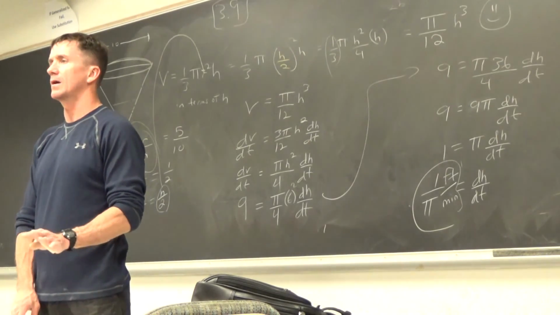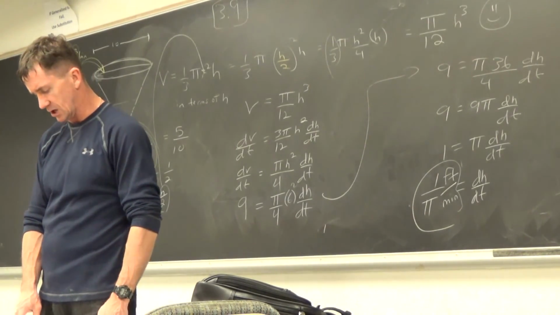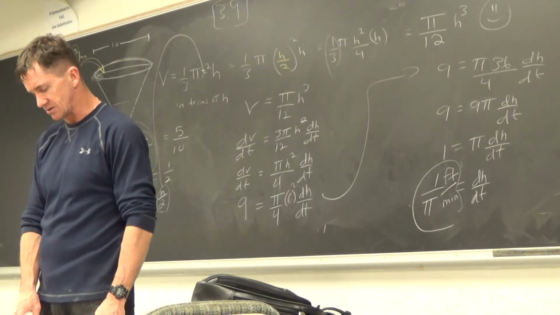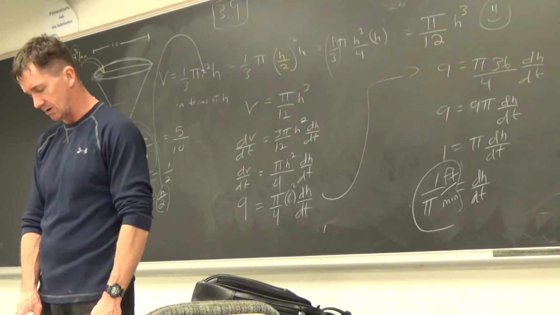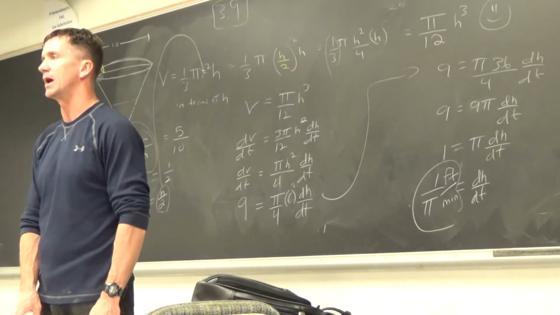Listen to this problem: at noon, ship A is 150 kilometers west of ship B. Ship A is sailing east at 35 kilometers per hour. Ship B is sailing north at 25 kilometers per hour. How fast is the distance between the ships changing at 4 p.m.?